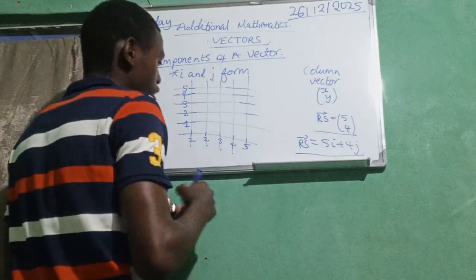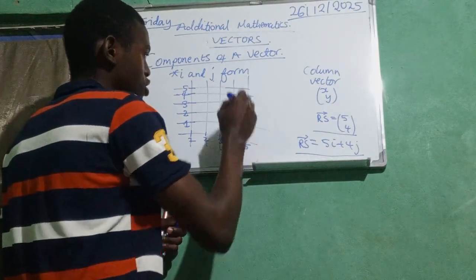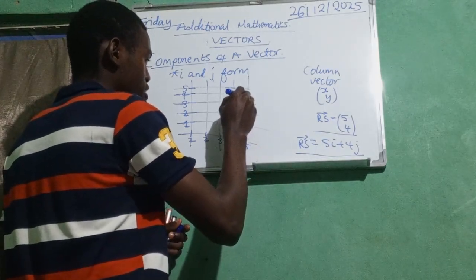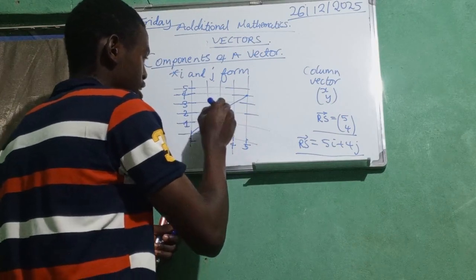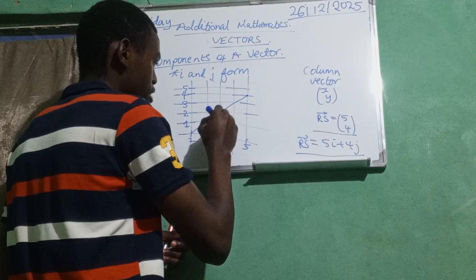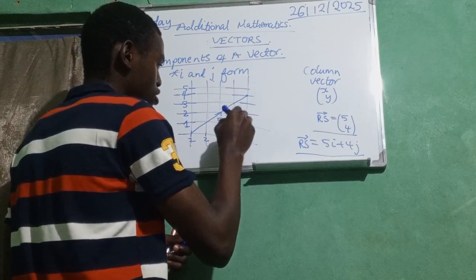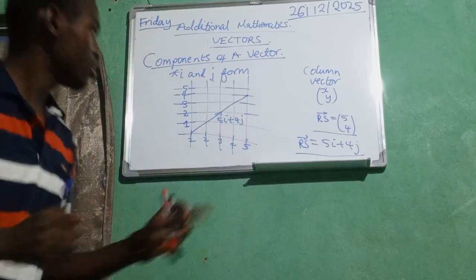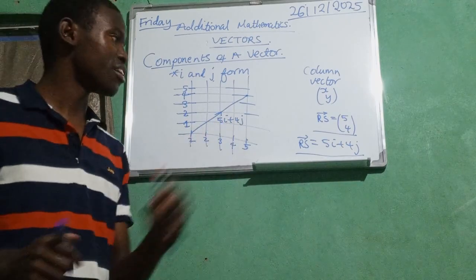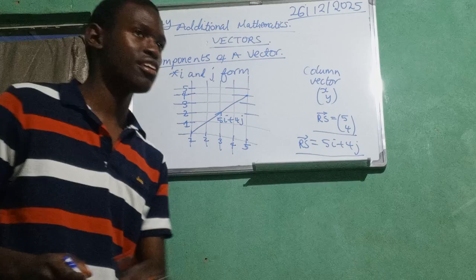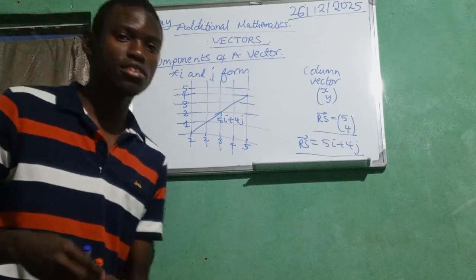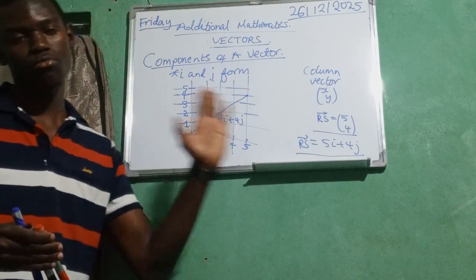Then if I were to draw the 5i plus 4j somewhere there, it is a vector like that. This is 5i plus 4j. That's how we would represent it. In column form, it is like that. So this is called representing the vector in the component form.